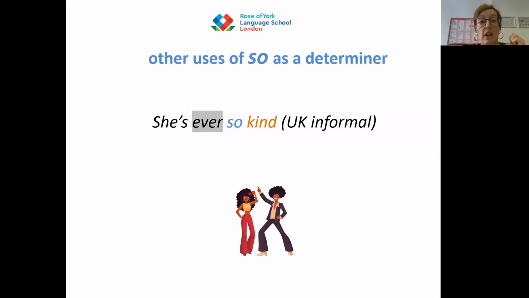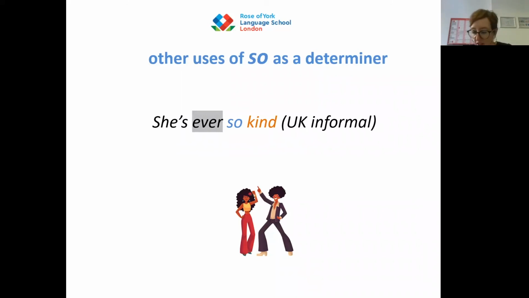She's a very kind person. She helps me all the time. She's ever so kind. Now, in this case, ever becomes the important word, so it's stressed. So ever so and kind, three stress words, but ever has the main stress.